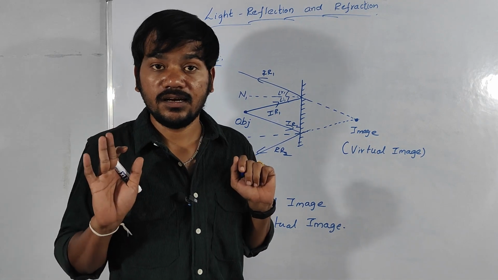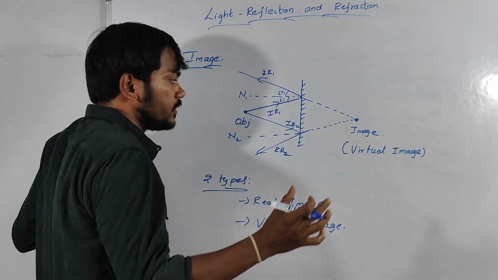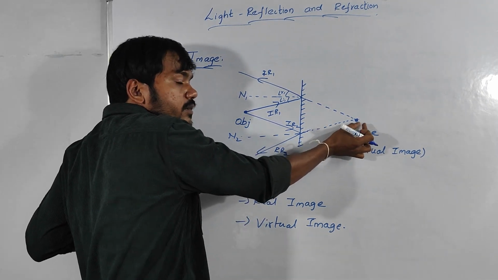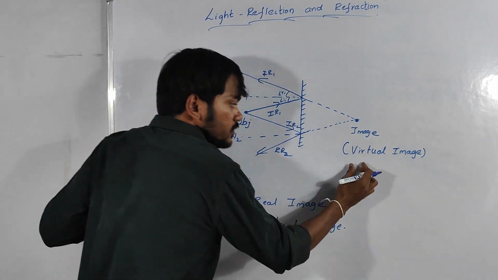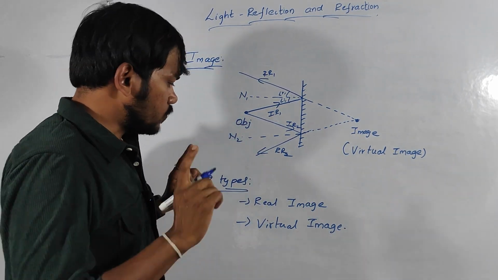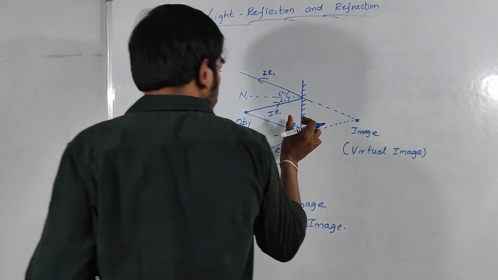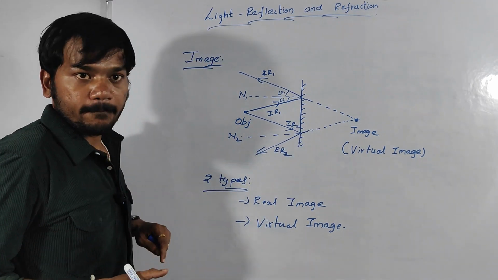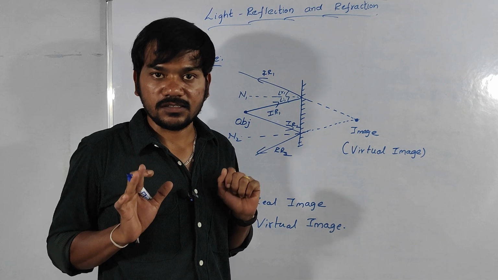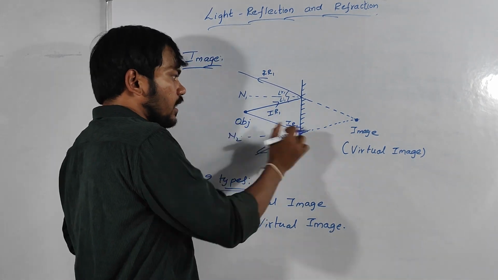But here the real reflected rays are not meeting, and they are tending to meet at a point virtually. That is why they are said to be virtual images. So two types of images, real image and virtual image. So when we stand before the plane mirror, which type of images are formed? Virtual images are formed. And how are they? They are erect.